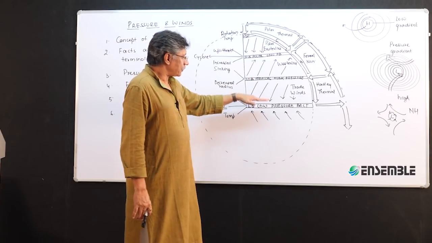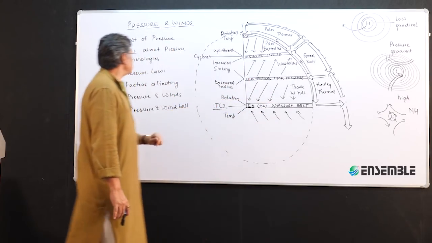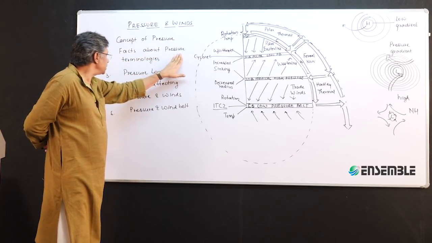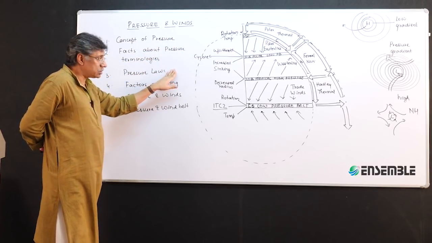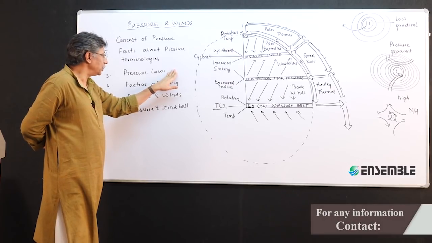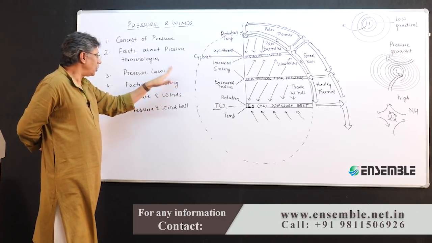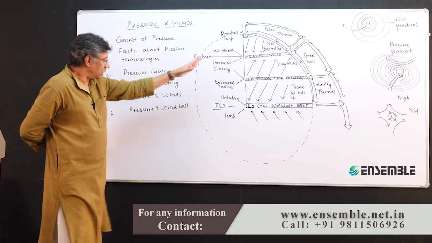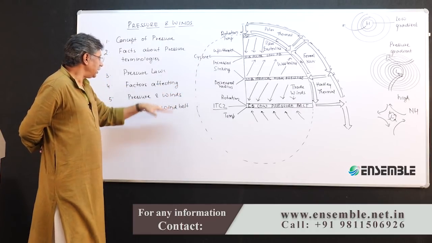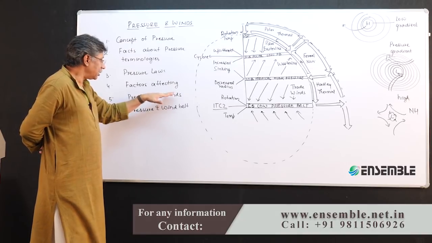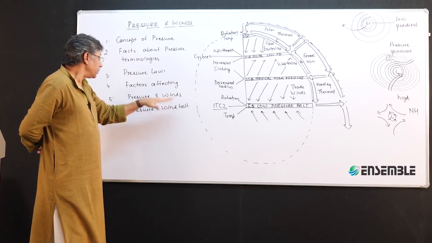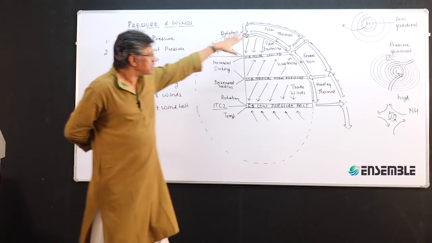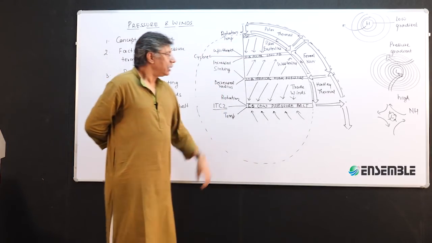So all in all, we have talked about the concept of pressure, the facts about pressure, terminologies, pressure laws, that is gas laws, Charles' law, Boyle's law, Poisson's equation, the factors affecting it on the earth, and the relationship between pressure and winds, and pressure and wind belts. That is all that we have discussed in this case.